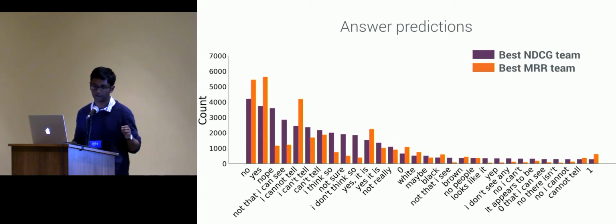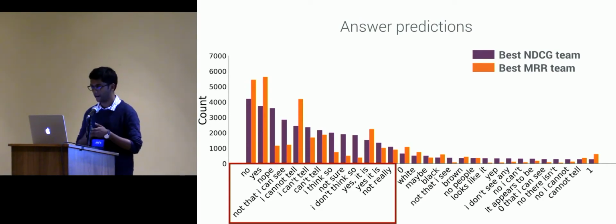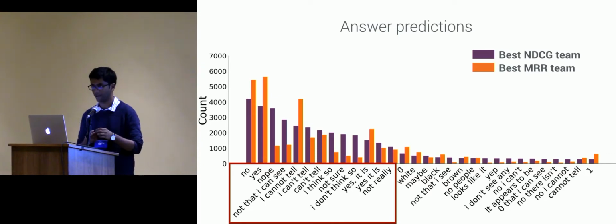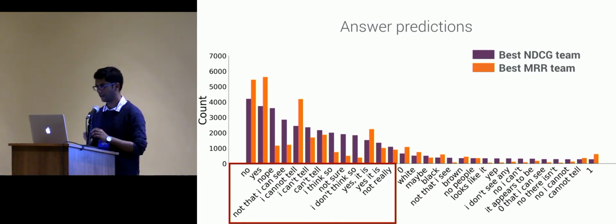As you can clearly see, there is a significant difference in the kind of answers these models predict, at least in the head of this distribution. Here, for example, the best team according to MRR has a very peaky distribution on answers such as yes and no, and I cannot tell.